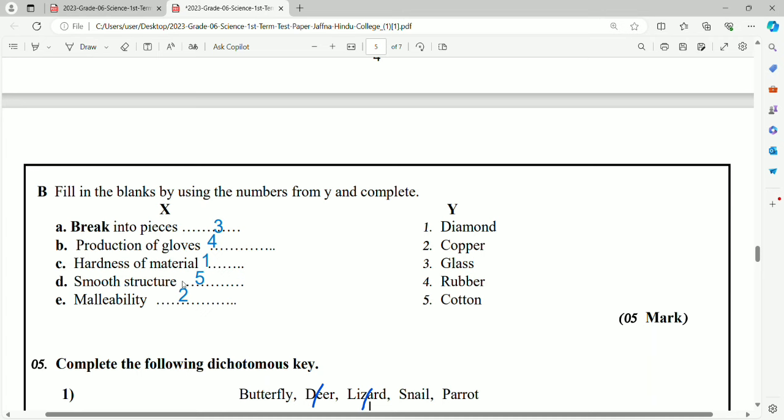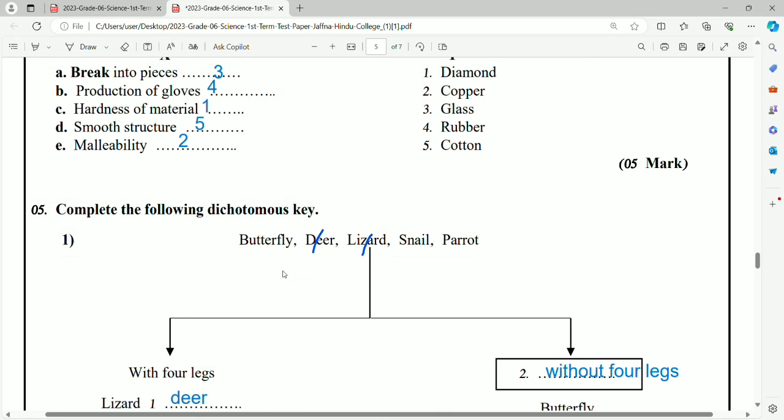Smooth structure: clay, cotton and talc. Answer 5. Malleability, the ability to be made into sheets: copper. Ductility also copper.